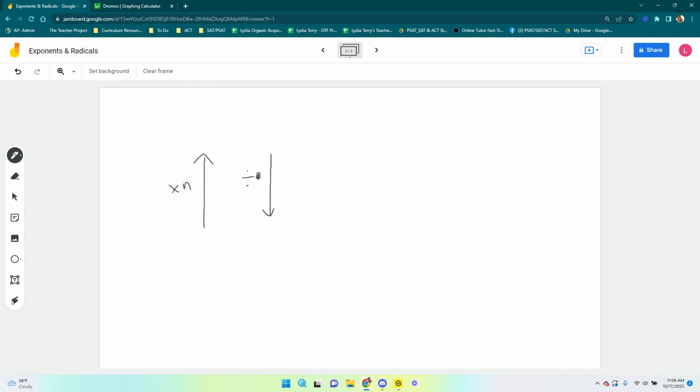So if I have n cubed and I divide this by n, I get n squared. You can also look at it like this: n cubed divided by n is the same thing as n to the 3 minus 1.